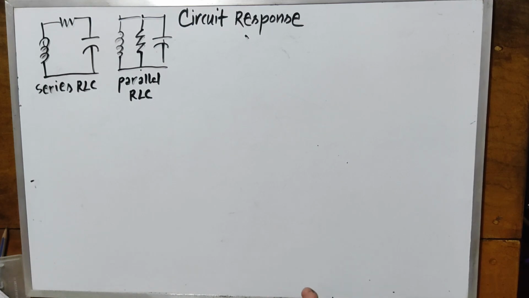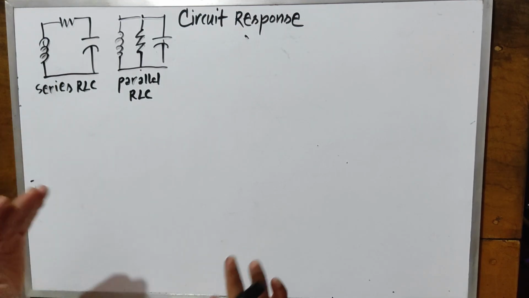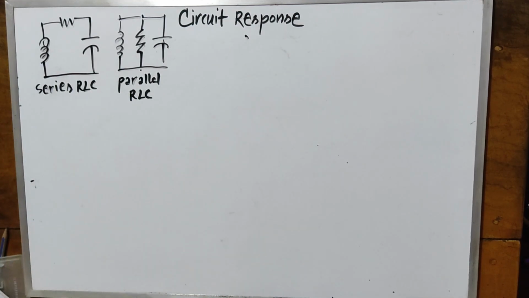In my previous circuit analysis videos, I derived the circuit response equations, the loop current and node voltage of the series RLC circuit and the parallel RLC circuit respectively, in both time domain and frequency domain.